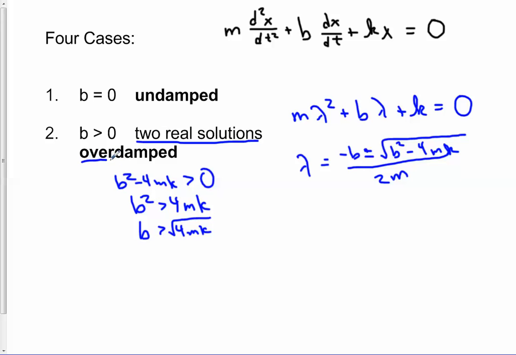So we actually call this the overdamped situation. And of course, what that would mean is we would get two exponentials. That's always what happens when you get two real solutions.